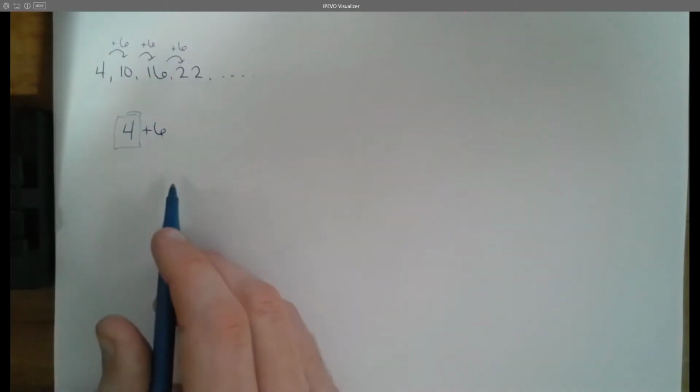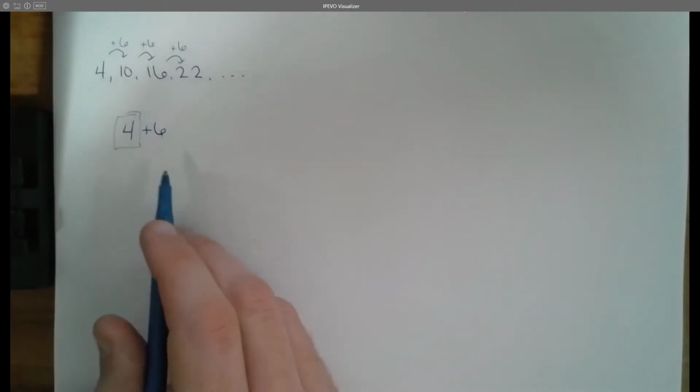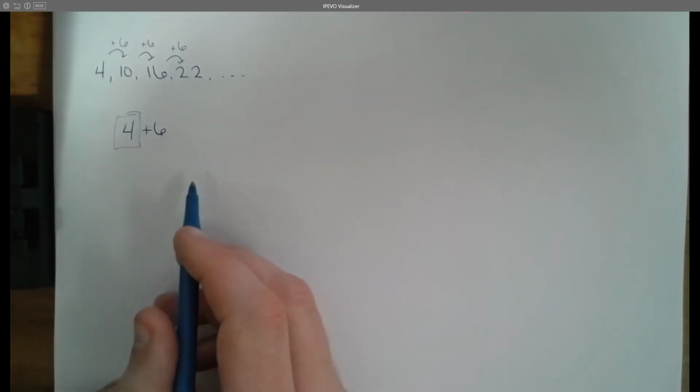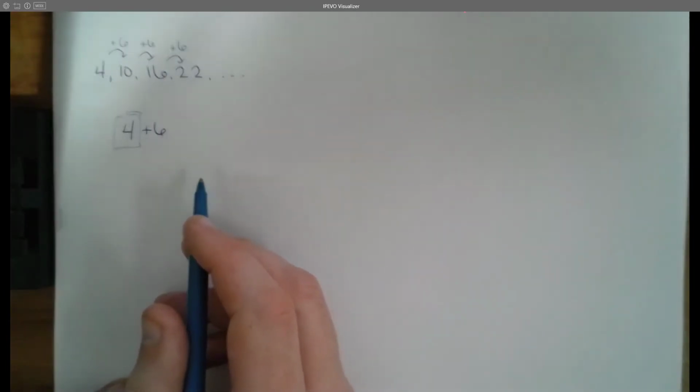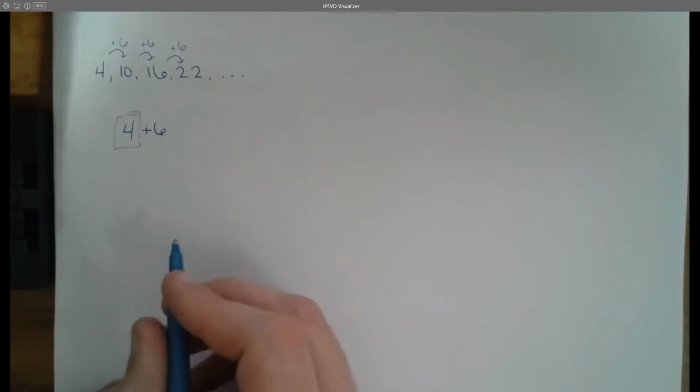So we always add 1 less 6 than the term number that we're on. If we're on term 17, we're adding 16 6s. If we're on term 245, we're adding 244 6s, just 1 less.